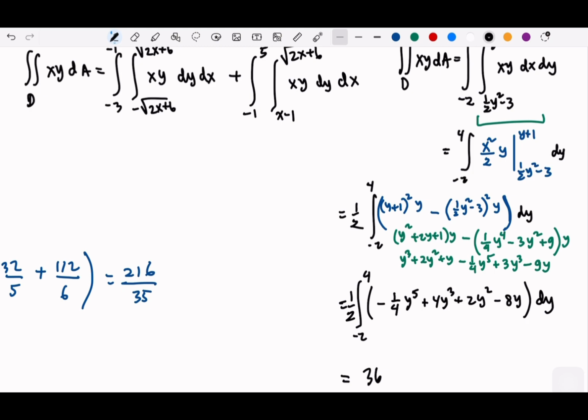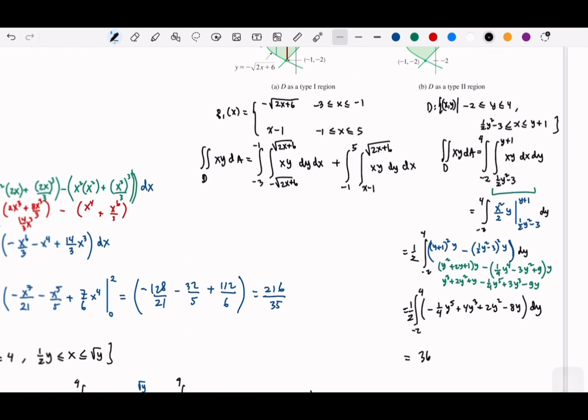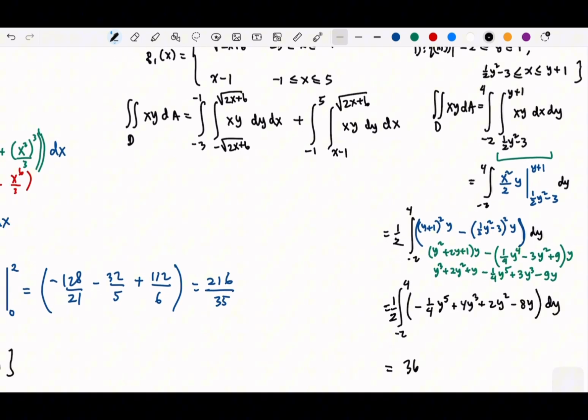Maybe the result is not going to be exactly equal because of some mistake here. But if you still get the double integral setup correct, it's already 70 to 80%.